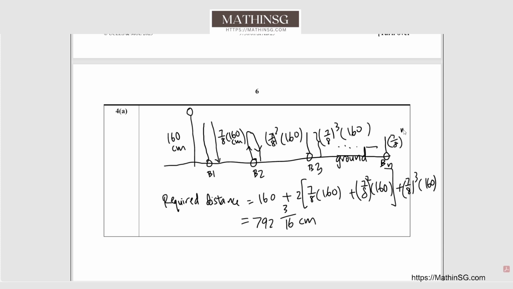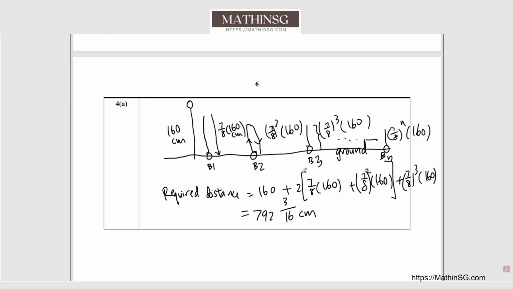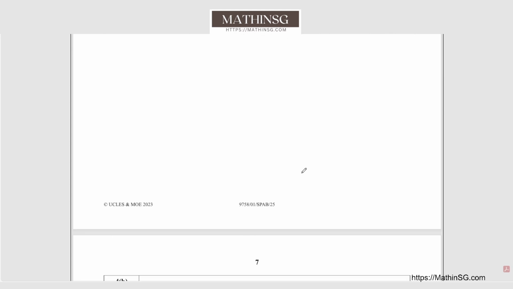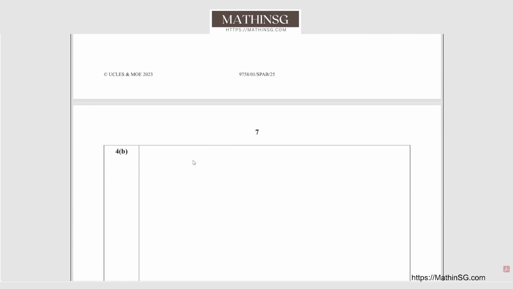So the nth bounce would be this. So I know that when this is less than 0.1, it is considered to have stopped bouncing, right? So 7 over 8 to the power of n times 160 is less than 0.1.